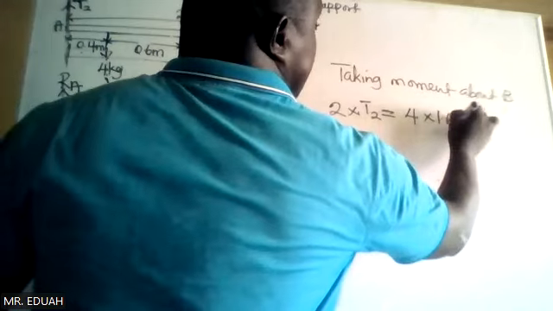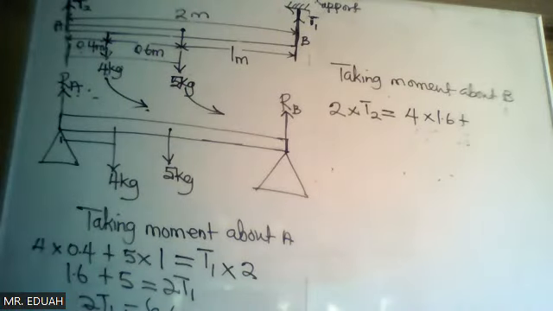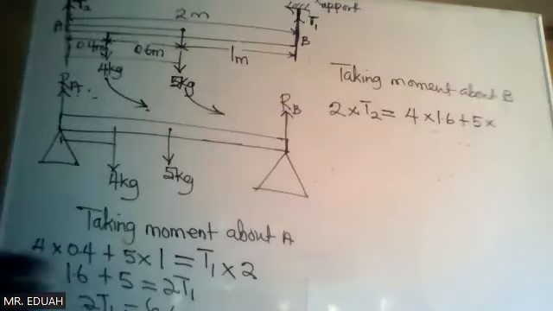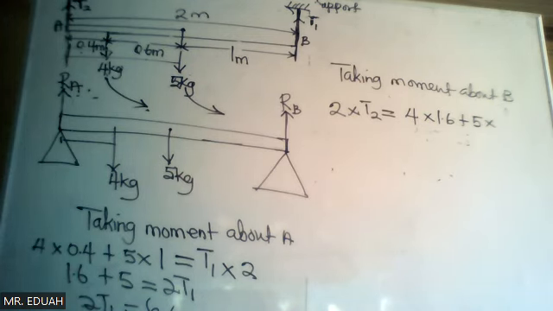So 1.6 plus 5 times... You are taking moment about B. So 5 times what? 1.